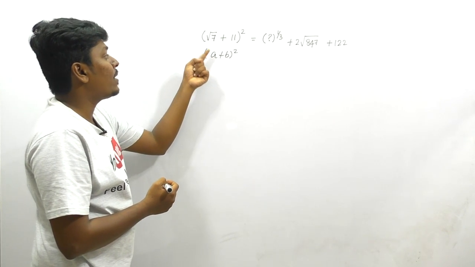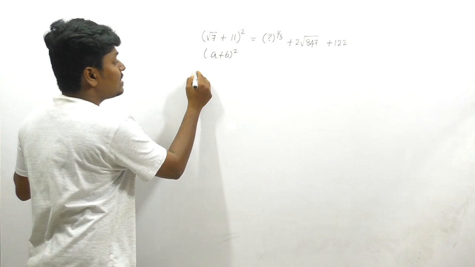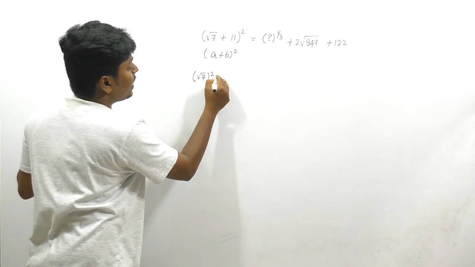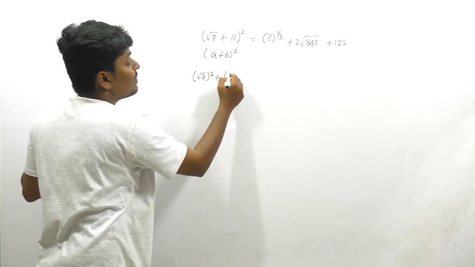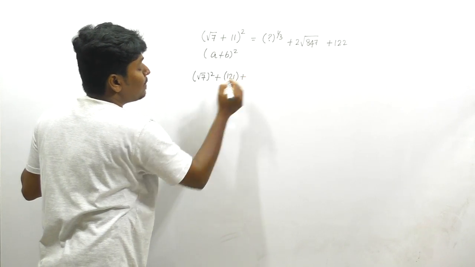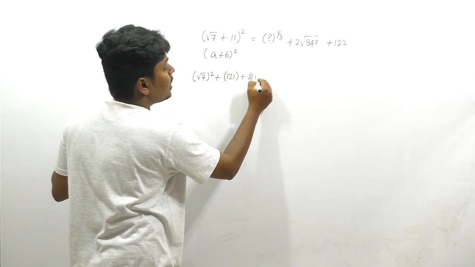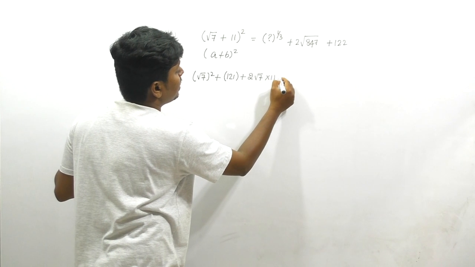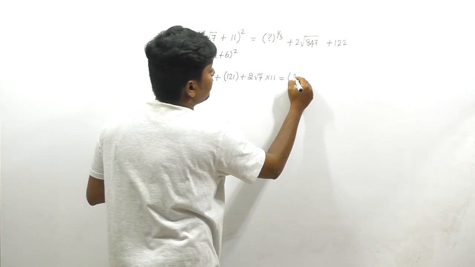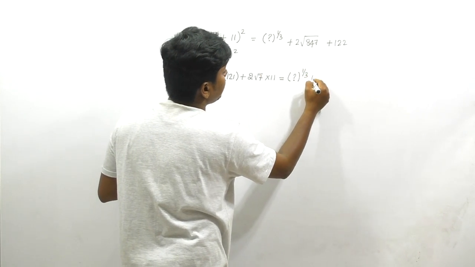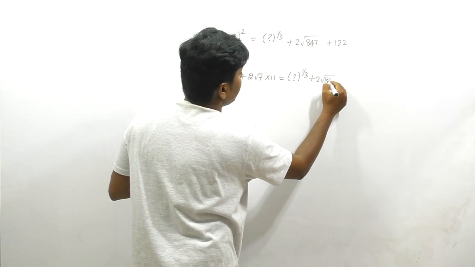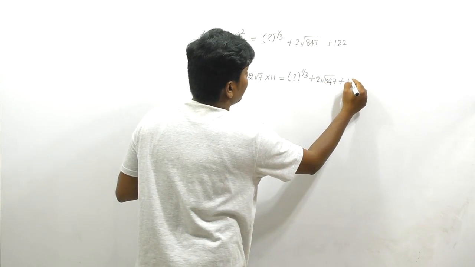First of all, a square, root of 7 square. Friends, see here, root 7 square plus b square, that is 11 square, which is 121, plus 2ab, where 2 into root 7 into 11, equal to the right hand side, x power 1 by 3 plus 2 root of 847 plus 122.